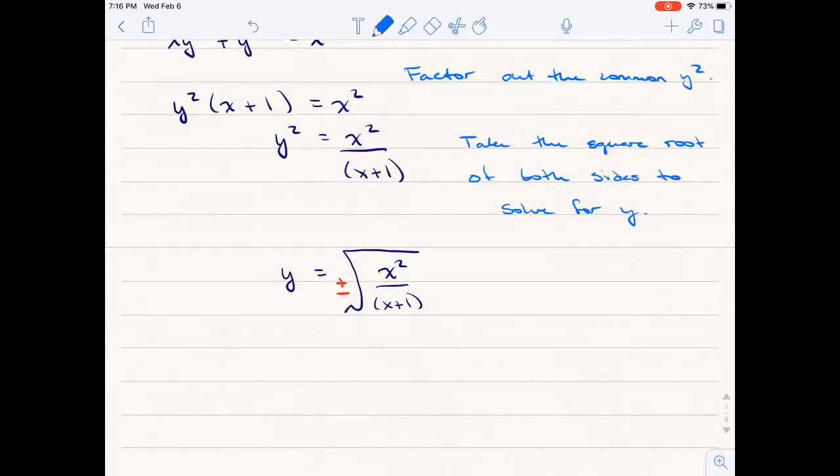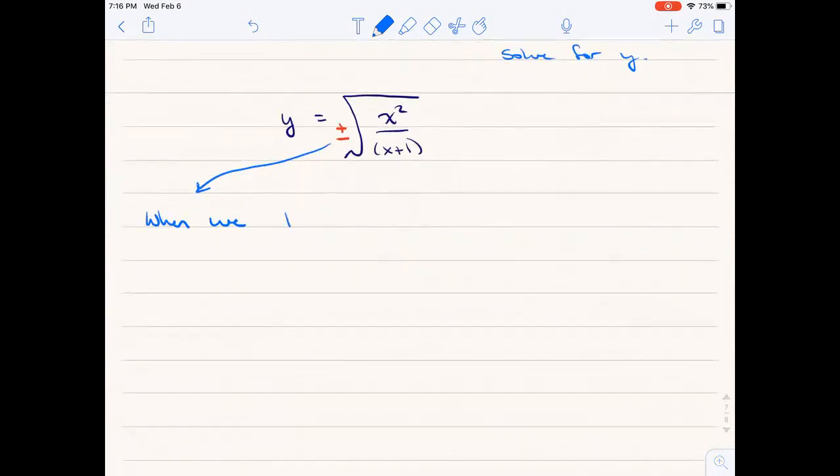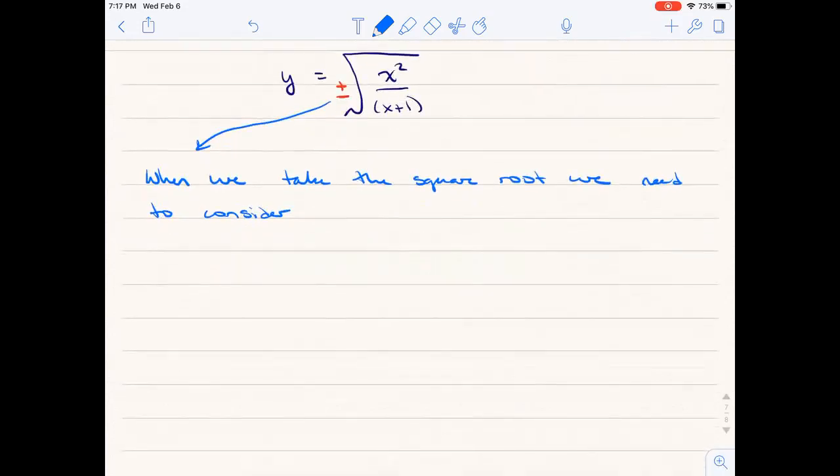So here, I'll just make a note here. When we take the square root, we need to consider both positive and negative values of y.